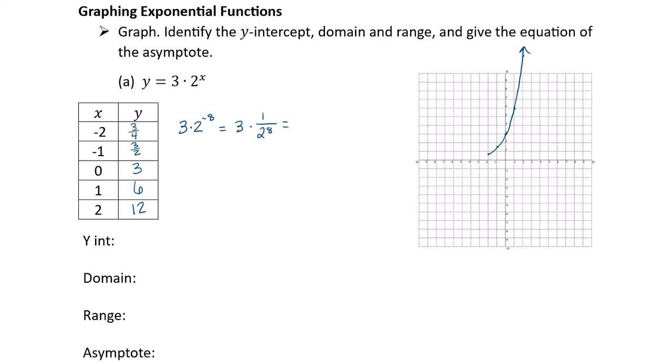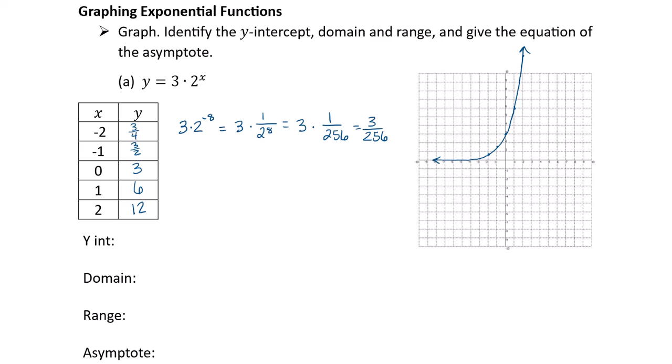That is 3 times 1/256. So we have a very small number of 3/256 over here, but we're still on the top side of that x-axis. So we see that asymptotic behavior.